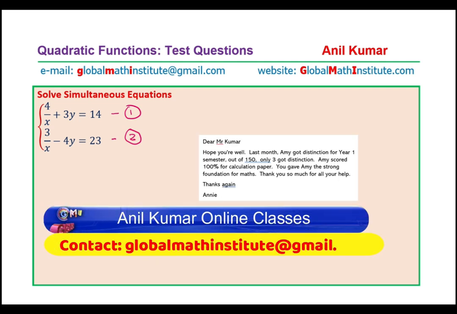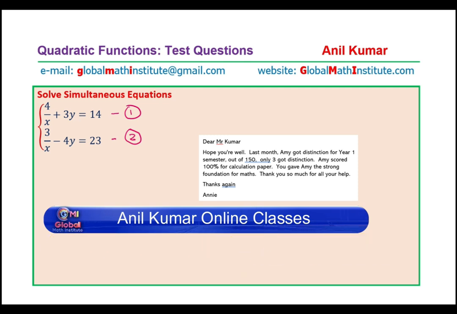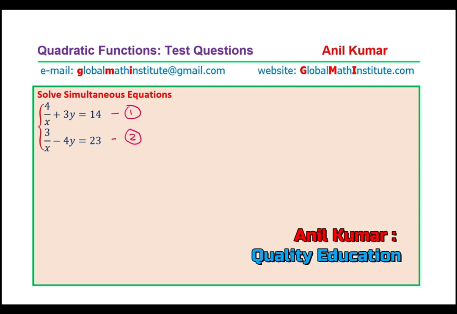So to eliminate, what can we do? Let us eliminate x. Multiply the very first equation by 3 and the other one by 4. Makes sense, right? What do you get?